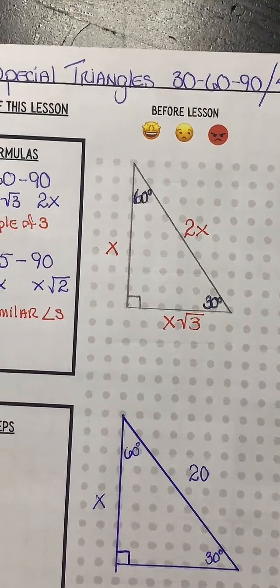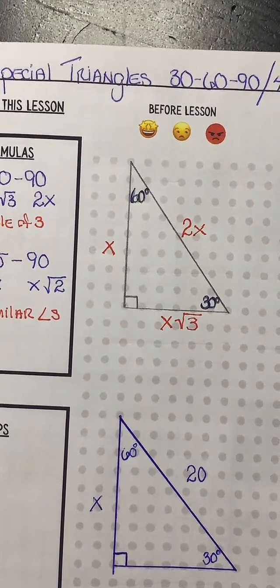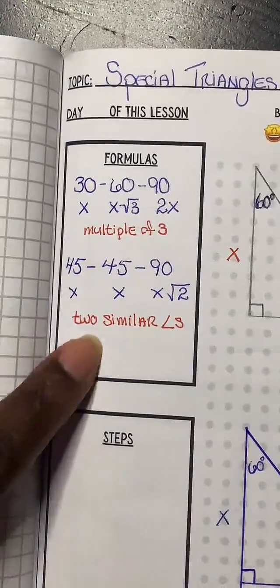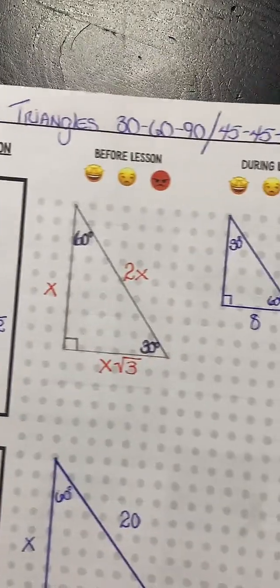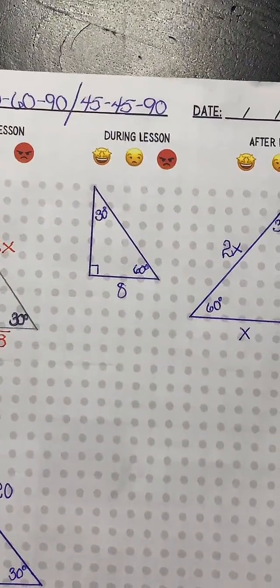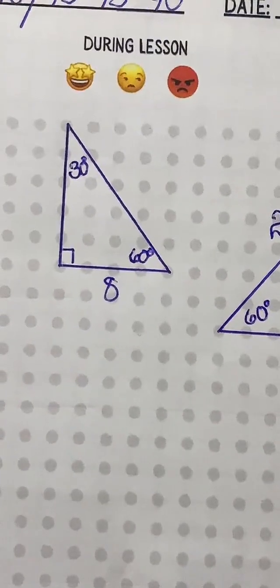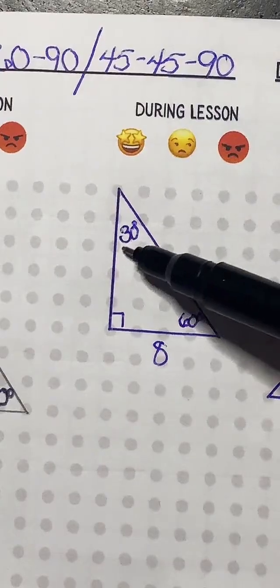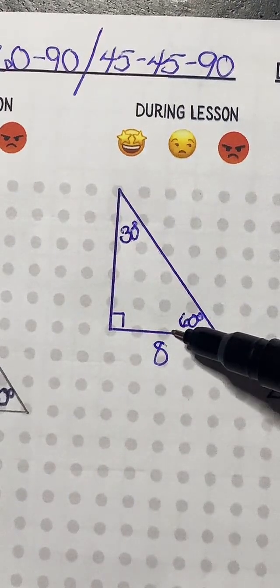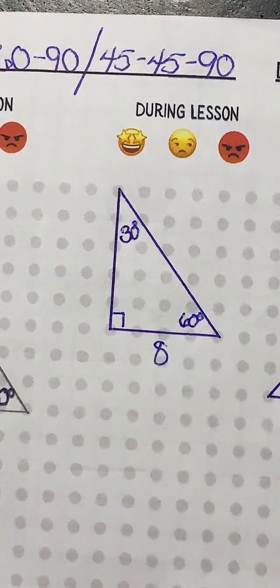So, keeping that in mind, right now I'm just going to do 30, 60, 90, and then I'm going to shoot down to the 45, 45, 90. All right? So if we take a look, we have our 30 degree, our 60 degree, and our 90 degree.